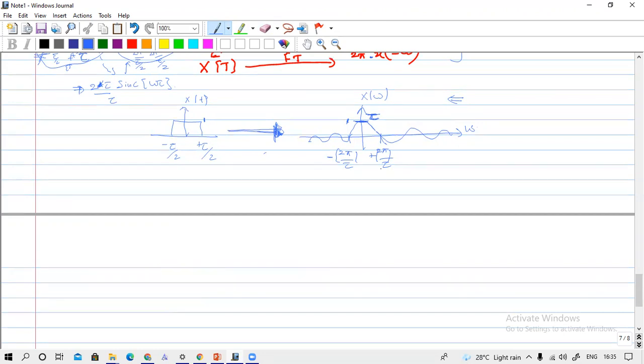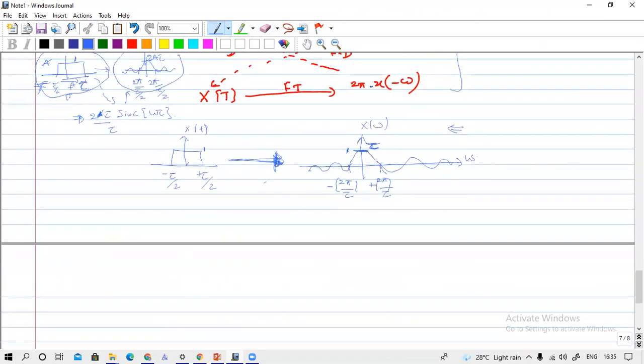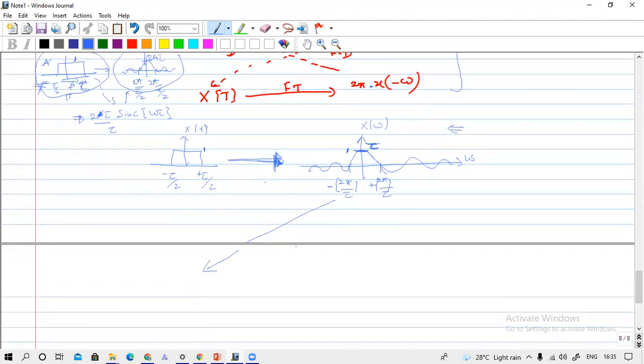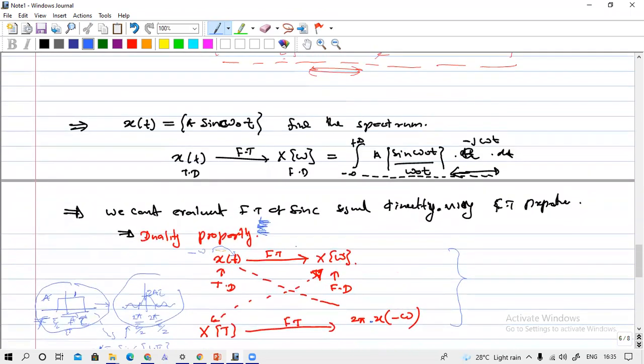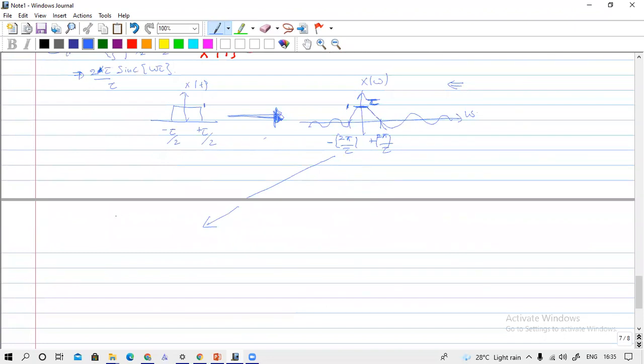Now we already know this. Now we have this kind of time domain signal. What is our signal? It is A sinc(omega naught t). Now t is the independent variable here.